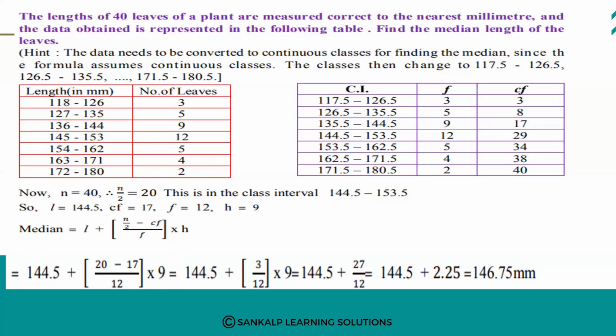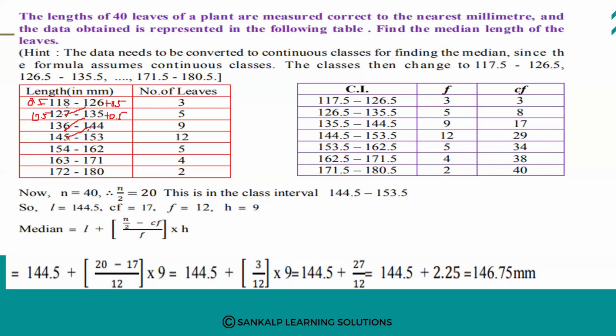See here, the lengths they have given are 118 to 126 and 127 to 135. Here the upper limit and lower limit are not the same. So what I told is, in order to calculate the median, mean or mode, first the upper limit and lower limit should be the same. For that, what we will do is minus 0.5 and plus 0.5, minus 0.5 and plus 0.5.